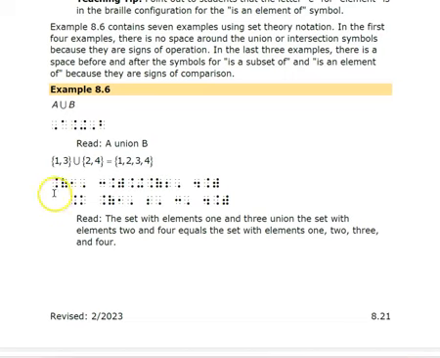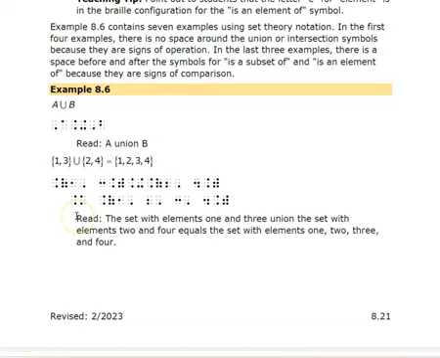Okay, let's see what we got. We've got a brace, 1, comma, 3, closing the brace. Union, which is 4, 6, ing. And we've got the left brace again. We have 2, comma, 4, close the brace.